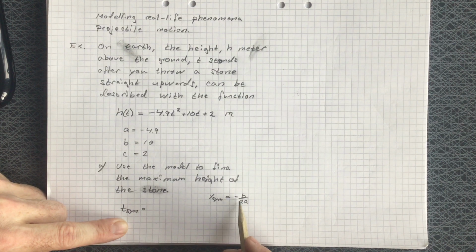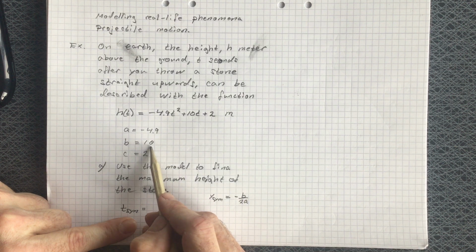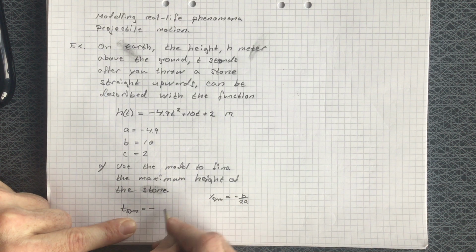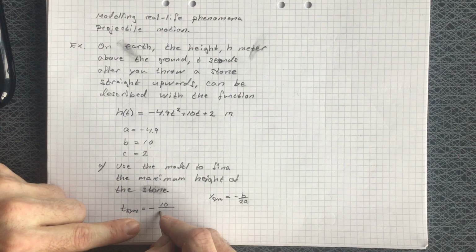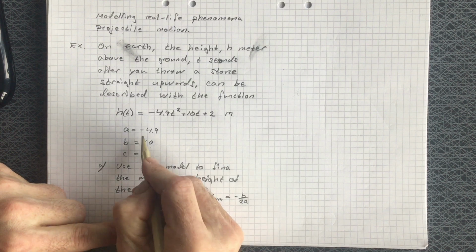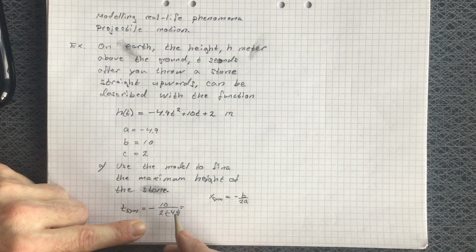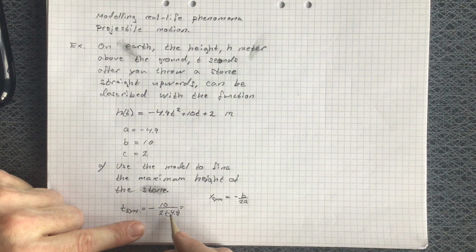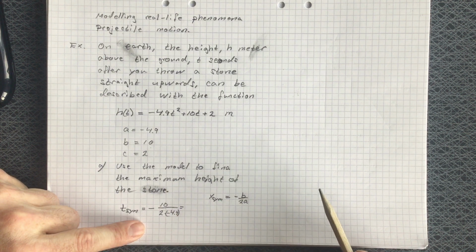That's the symmetry line. So in this case, b is 10. So minus 10 divided with 2a. Now we have 2 and a is negative 4.9. This is the value for the time where the height is at maximum.